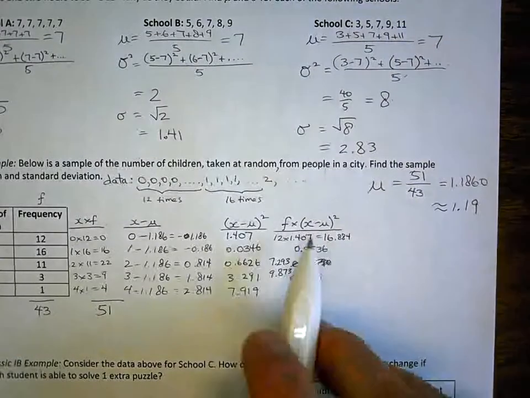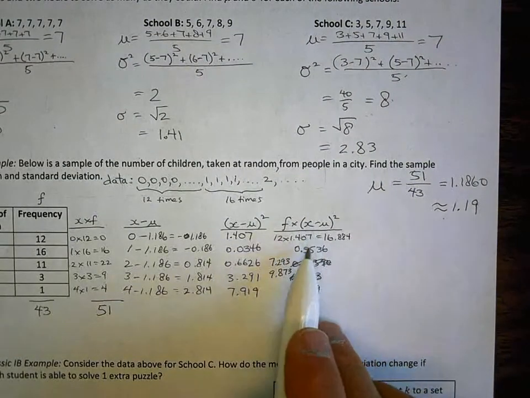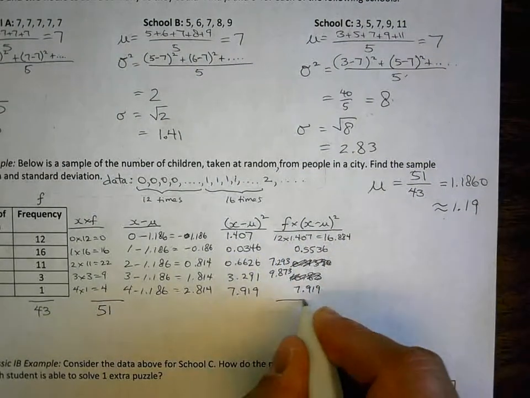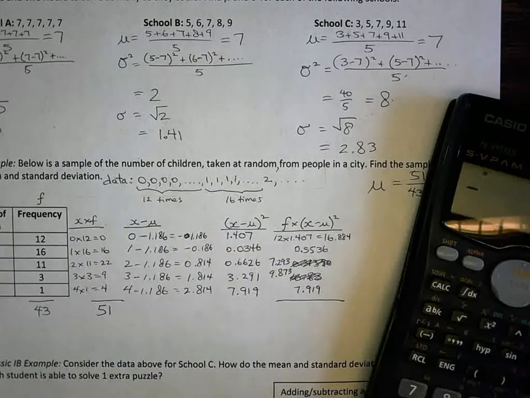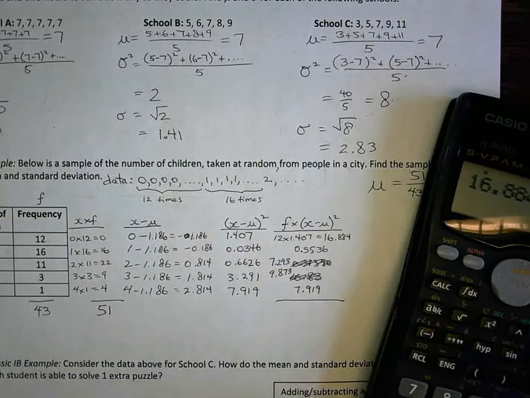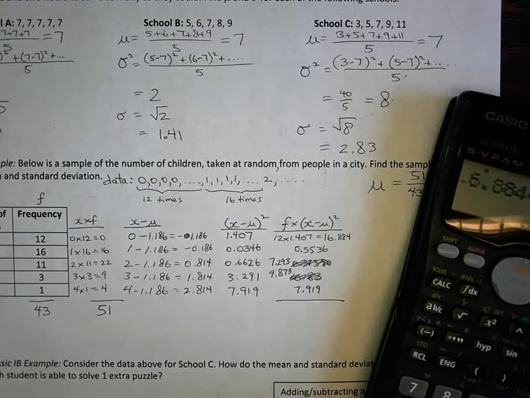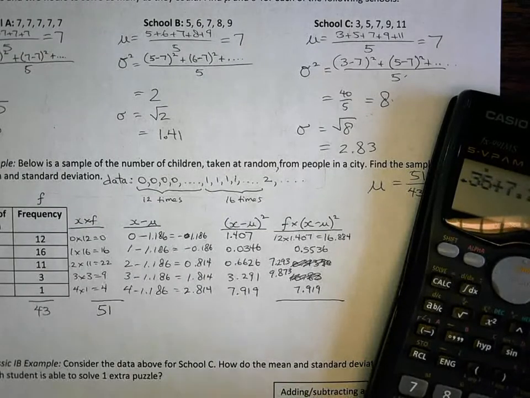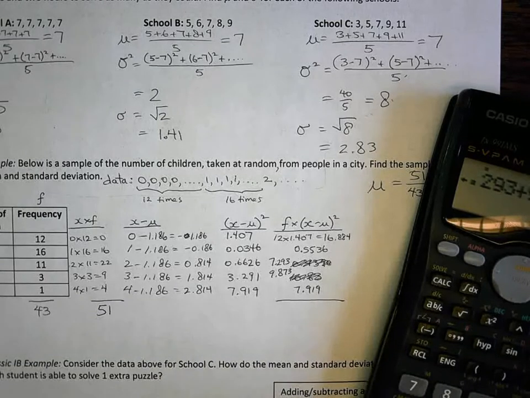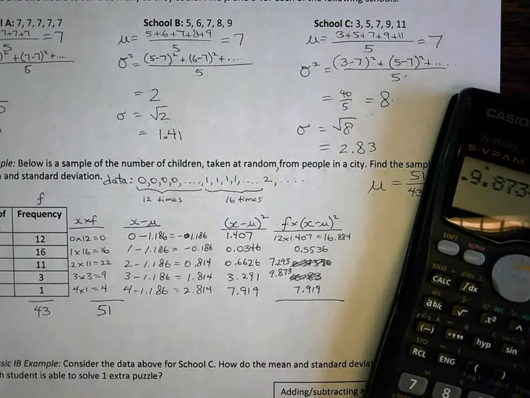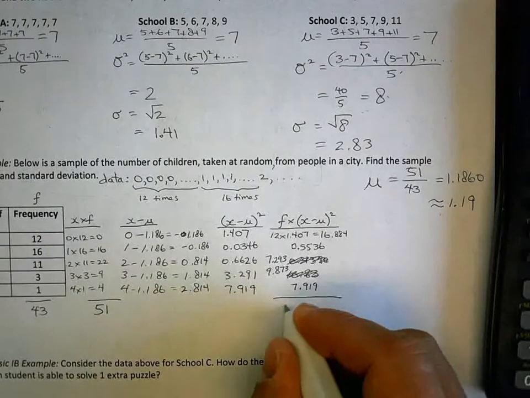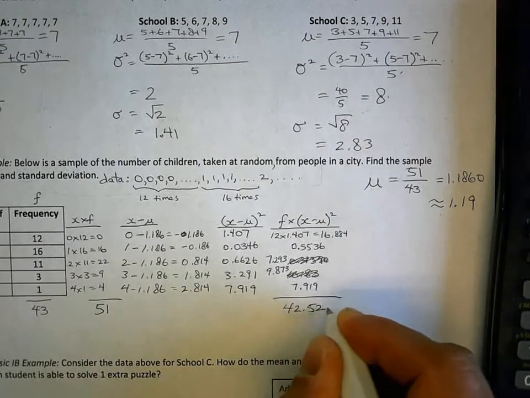Okay, so now I have all of these squared values. I need to now add all of these up. So 16.884 plus 0.5536 plus 7.293 plus 9.873 plus 7.919. That gives me 42.523.